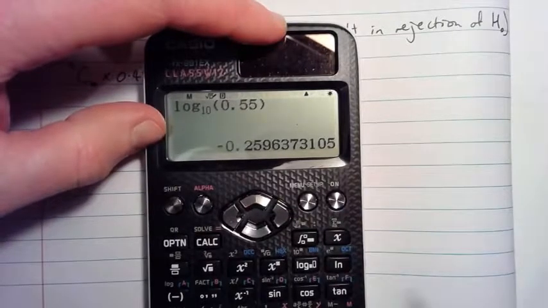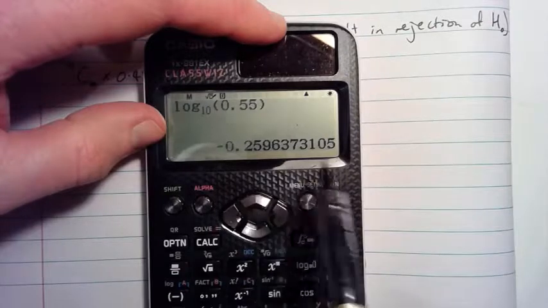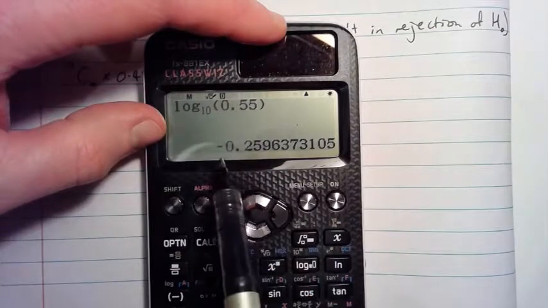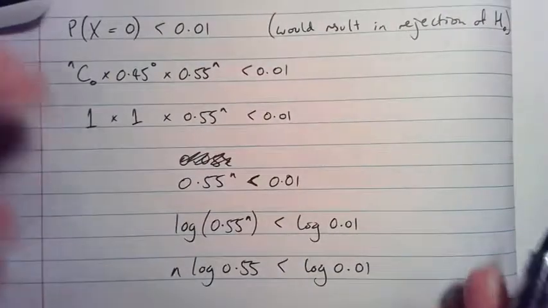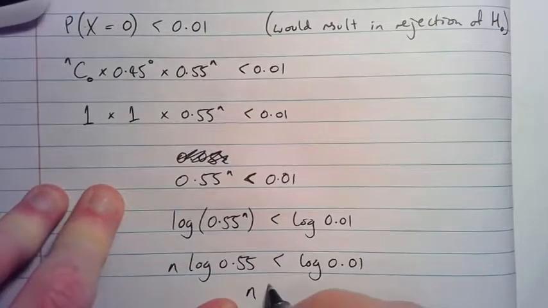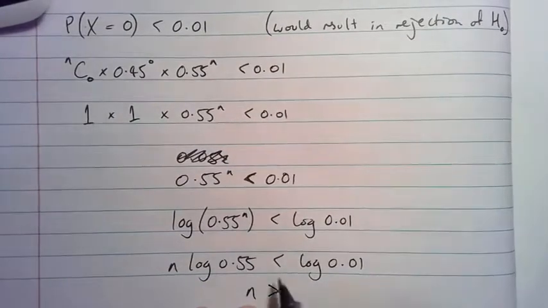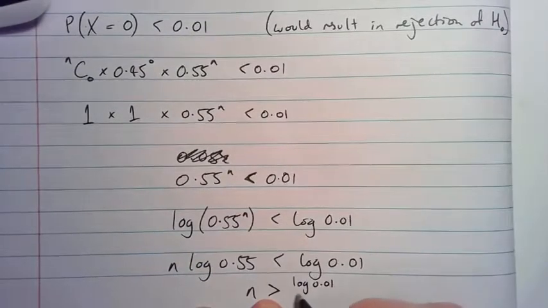Notice therefore that comes out as minus 0.2596, etc., and that's because this value is less than 1. So that comes out as a negative number. So therefore, when we divide through by it now, we need to flip the sign because we're dividing by a negative number.